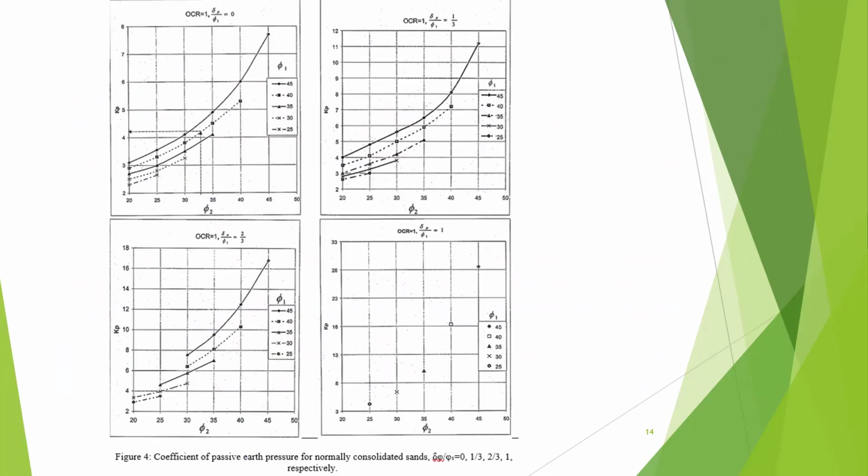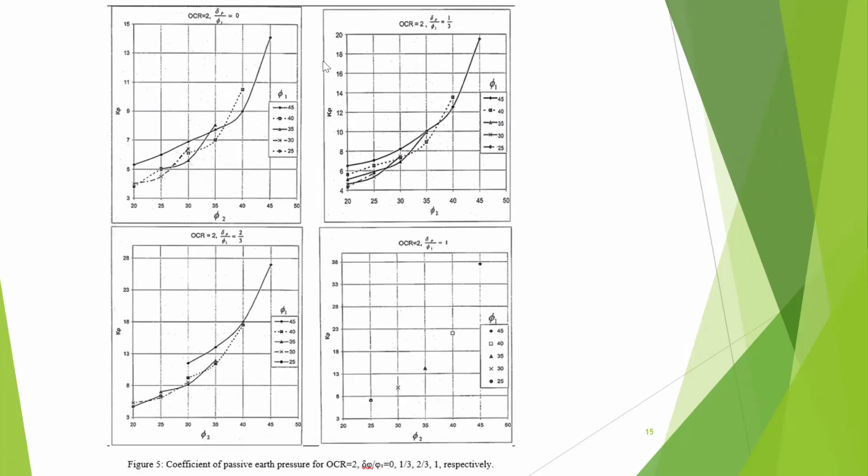Figure number 4 shows the coefficient of passive earth pressure for normally consolidated sand. It's given with delta over phi 1 equal to 0, 1/3, 2/3, and 1.